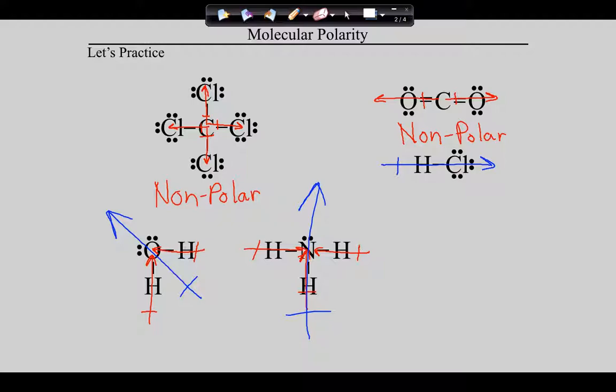No. Now we need to draw in the overall arrow. It's the same. Because this molecule only has one bond, the polarity of the bond is the polarity of the molecule. For those of you that don't know, HCl is hydrochloric acid, which is stomach acid. And that's why HCl is so good at ripping your food apart, because of its polarity.